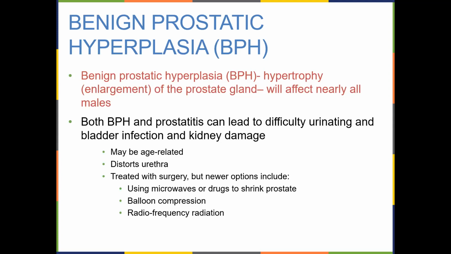It's not a malignancy. The cells just get bigger. And they compress the urethra and make it more difficult to urinate. And so the bladder is more prone to infection, the bladder swells up because it's retaining more urine. This can lead to damage to the kidneys.